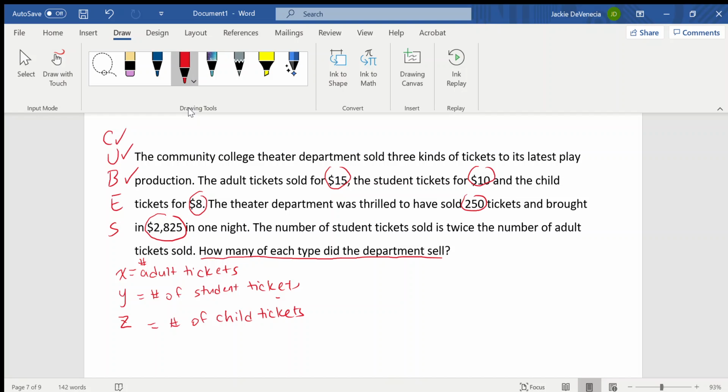So, they said it sold 250 tickets and brought in $2,825 in one night. And then it says the number of student tickets sold is twice the number of adults. So let's tackle that sentence.